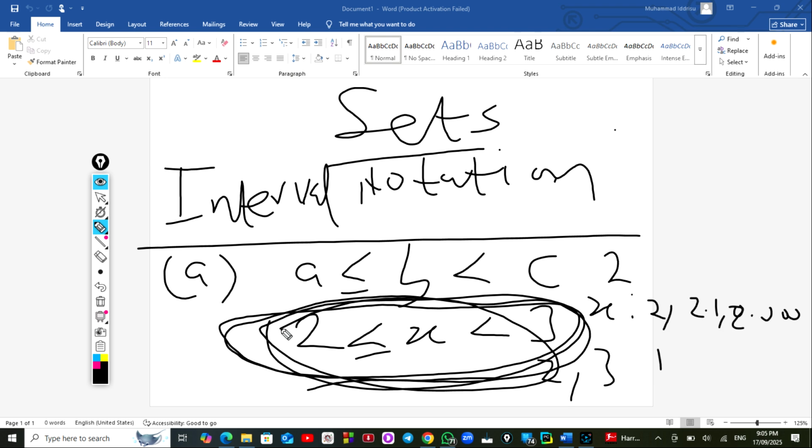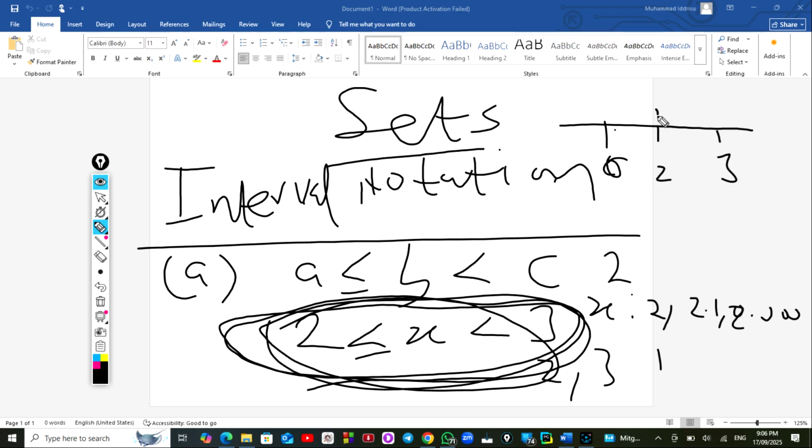So let me represent this on a number line. We have a number line with 0. We don't have negatives, so I don't need a negative side. I bring my 0 here, then I have 2 here and 3 here.